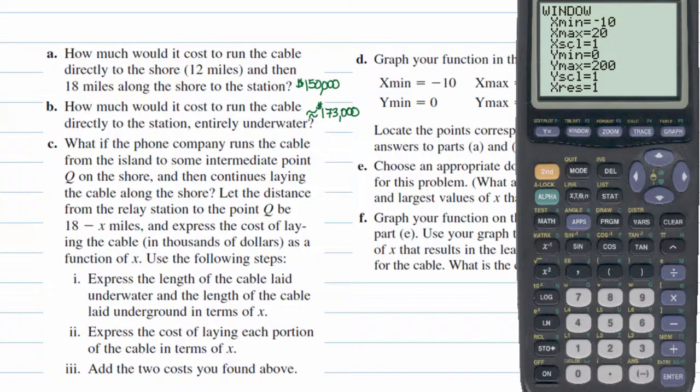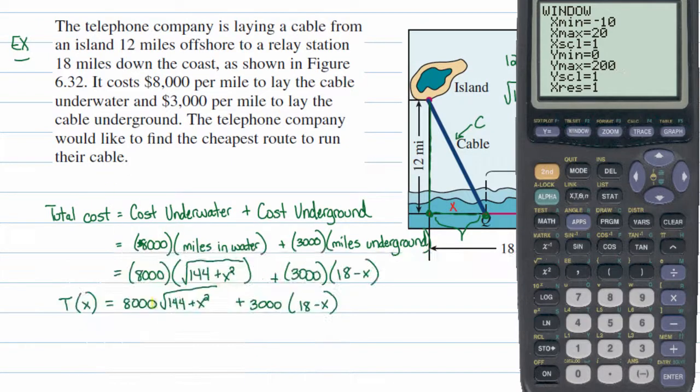And as I just reread through that part C, I see why our function is going to be a little bit awkward for this, because in this problem, they ask us to let the function represent the cost in thousands of dollars. So let's adjust our function here. Right now it's giving us the true dollar cost. But if we want it just in thousands of dollars, I'll divide each of these terms by 1,000.